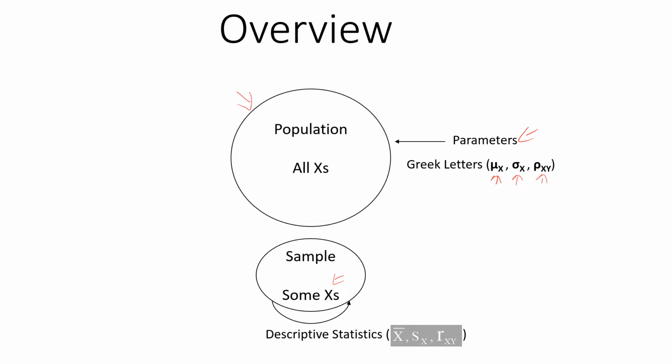And the terms that we use to describe the sample are what's referred to as statistics or descriptive statistics. And here you'll have, I told you up above was mean, standard deviation, and correlation. Well, these are the same thing, mean, standard deviation, and correlation. Those are just the symbols that denote that it's a sample rather than a population.